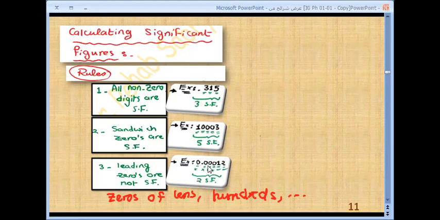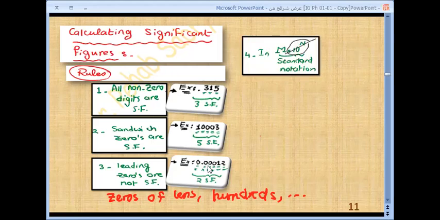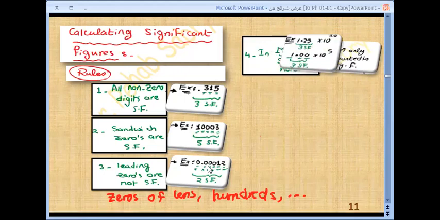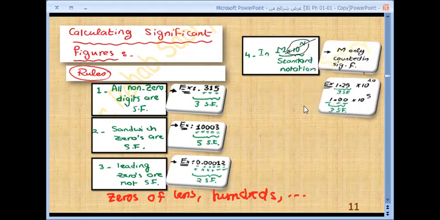So let's say this. In case of standard notation, only the number M is counted in the significant figures. For example, if I ask you how many significant figures in 1.25 times 10 to the power of 20?